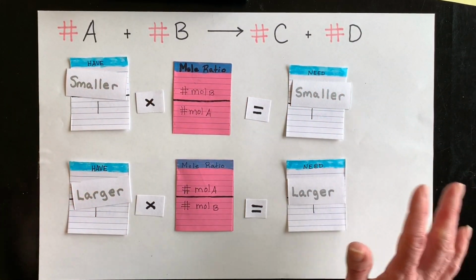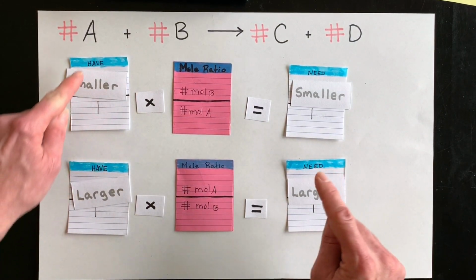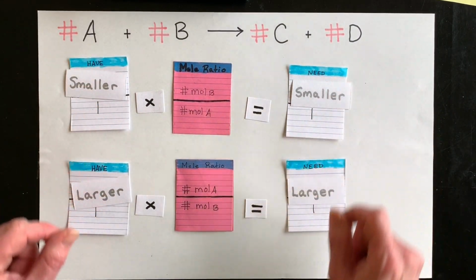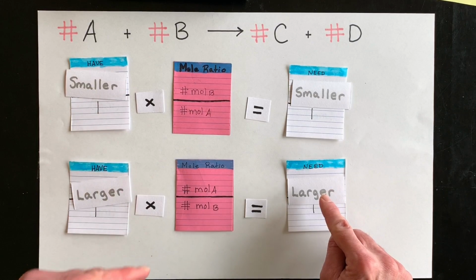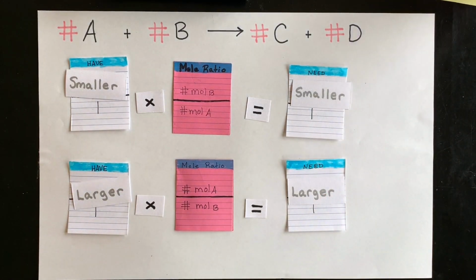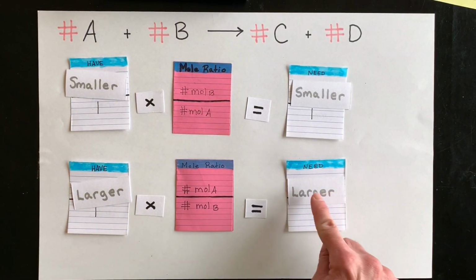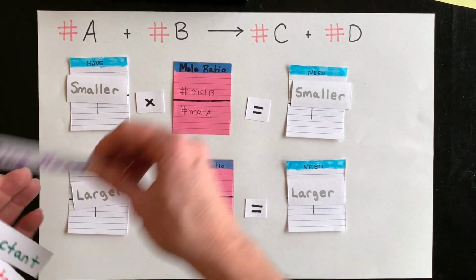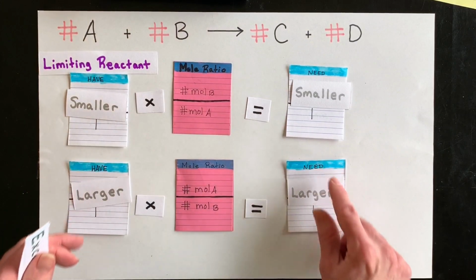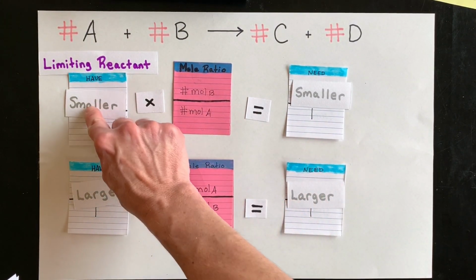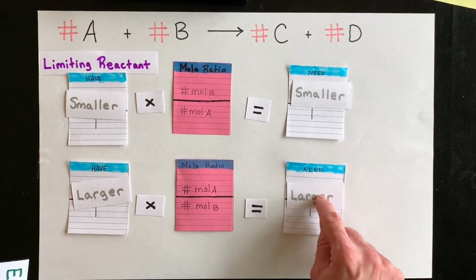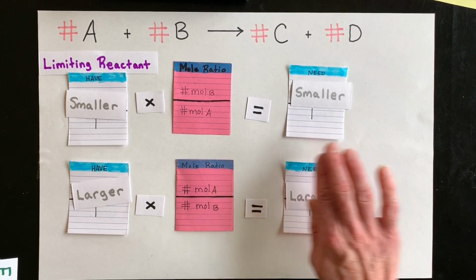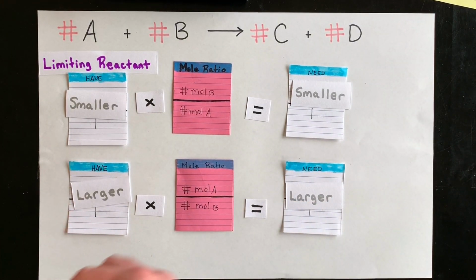So when you stop at this point, this is how it's always going to look. The only difference is these may have switched places. So this one would be smaller, this would be larger. So what you can do at this point is you can say, if this number is larger than this, that's my limiting reactant, because I would need way more moles than I actually have. So what I'm going to do then is say that would be the mole amount that I'm actually going to remove from this process.